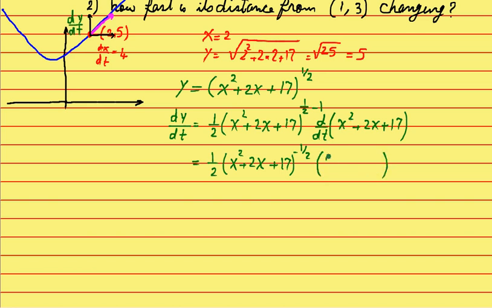The derivative of x squared itself is 2x, but you also need to multiply by x prime, which is dx/dt. Let me write it here. The derivative of 2x with respect to x would have been just 2, but with respect to t is 2 dx/dt. So what did I do? I just differentiated this whole thing with respect to x, and since my differentiation was with respect to t, I multiplied by dx/dt.